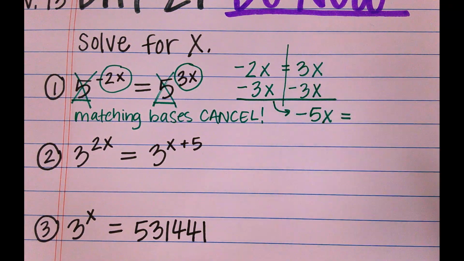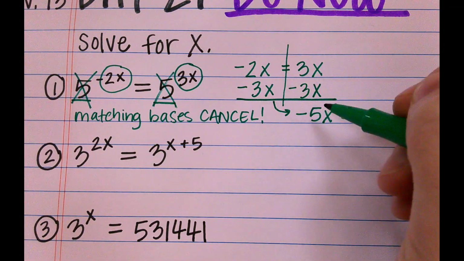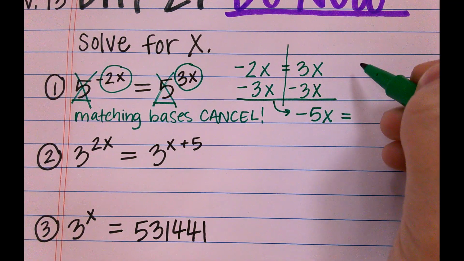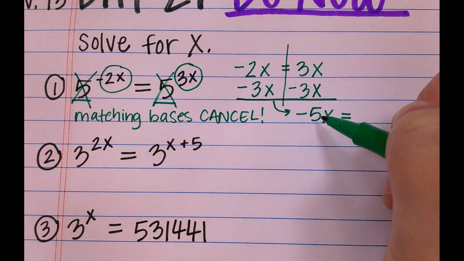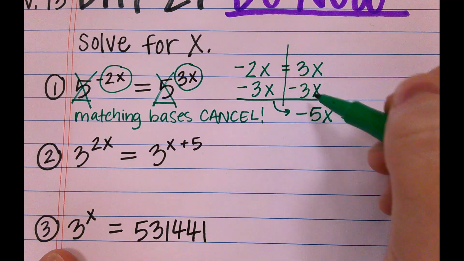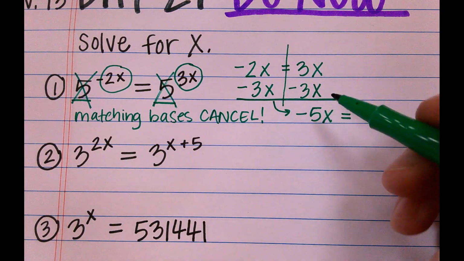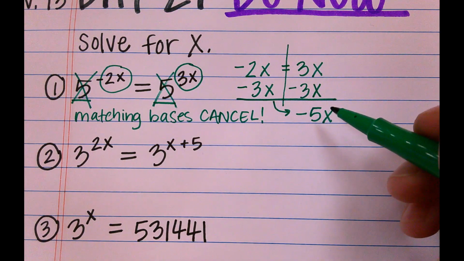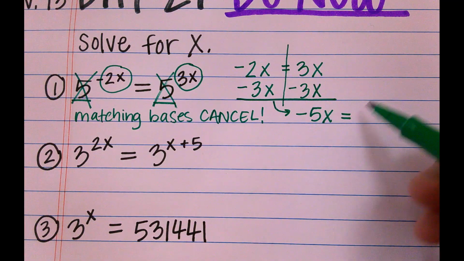What is 3x minus 3x? 0. We technically, in a normal equation, when there's something left over, like maybe it was 3x plus 1, for example, we would say those cancel and bring down that 1. But the reason we're not going to say these cancel is because really, when something cancels, it's because it's adding up to 0, and we don't have to write 0. But since there's nothing left over here, we are going to write 0.